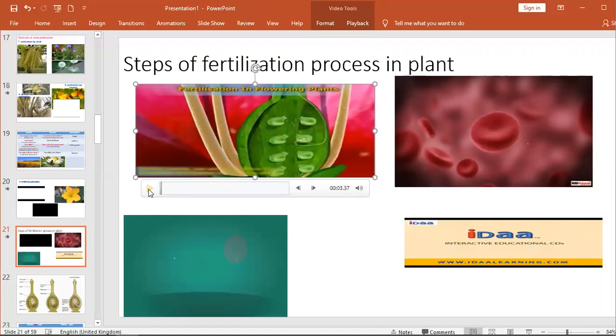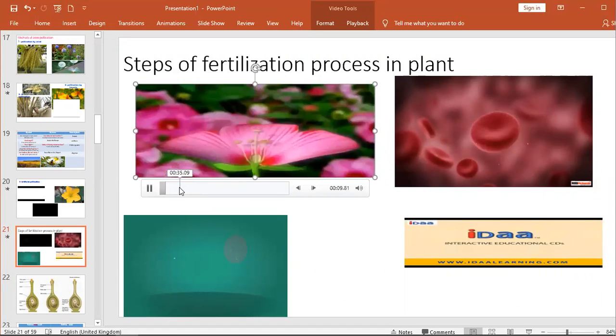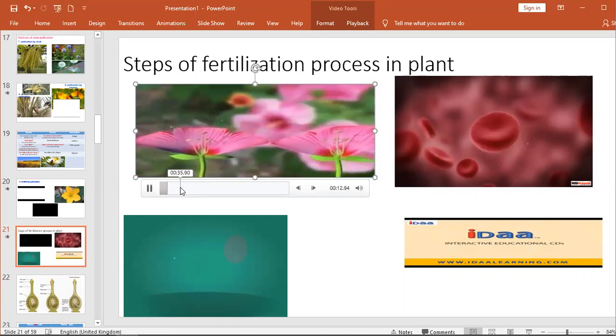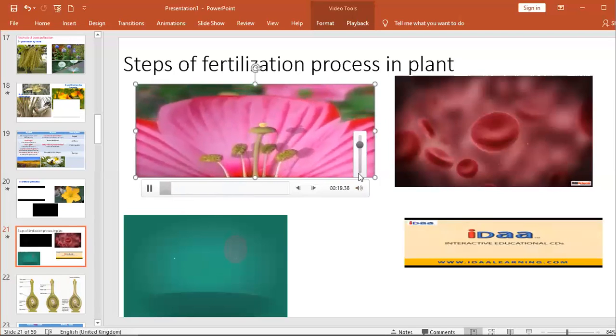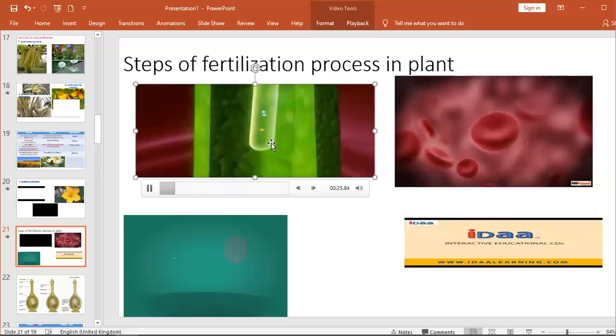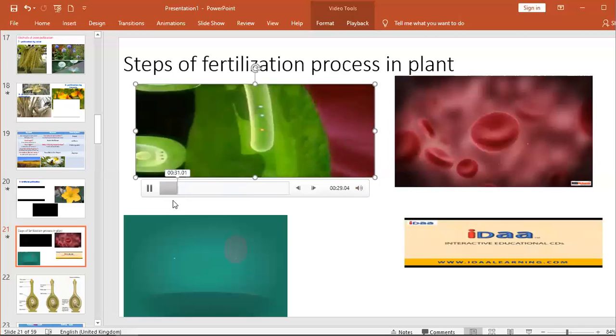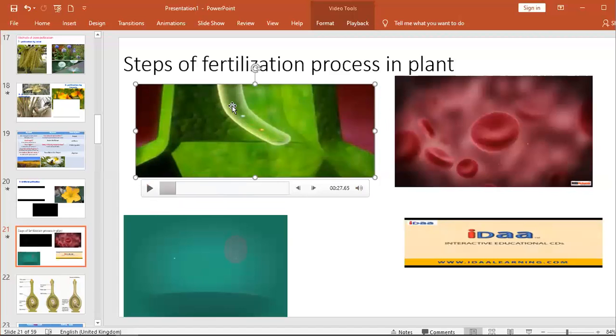Here are two male nuclei. One of them reacts with the egg to form a zygote, and the other is for feeding. But this nucleus finishes or ends when the tube reaches the ovule.